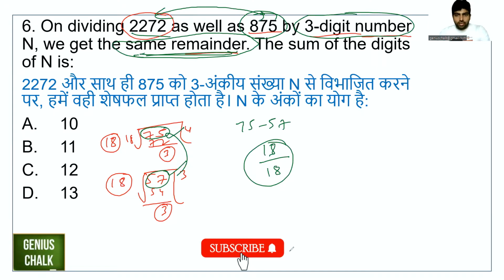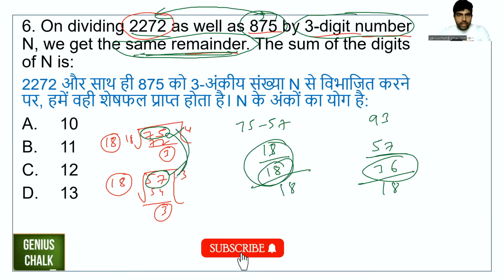That means if we subtract them, like if you take the next multiple, 18 5s are 90, if you take 93 and 57, then the difference is 36, which is again divisible by 18. So we can take the difference here.